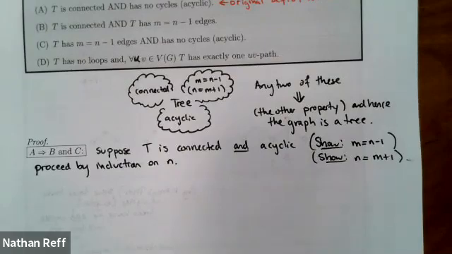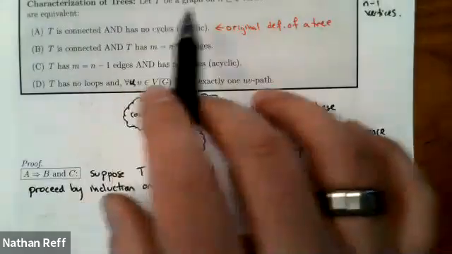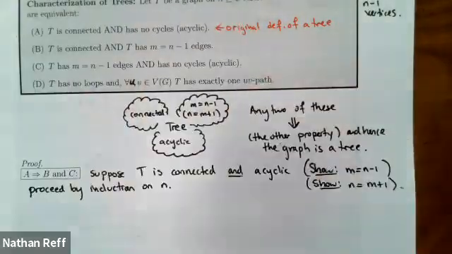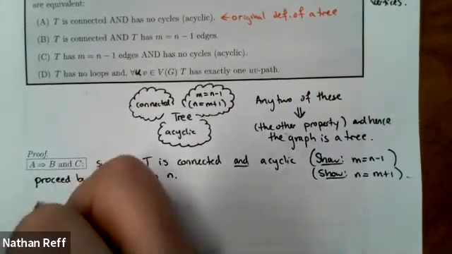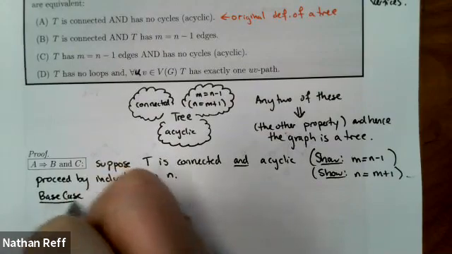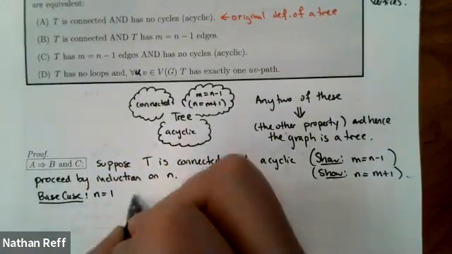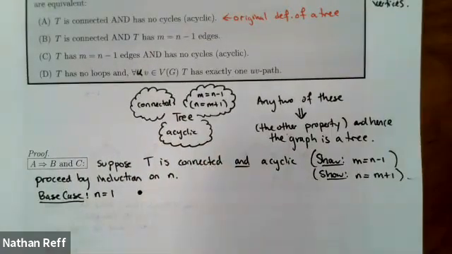Okay, so what's the base case? The base case is the minimal situation that I could possibly be in, which is n is equal to 1. What would that look like? That is an isolated vertex.